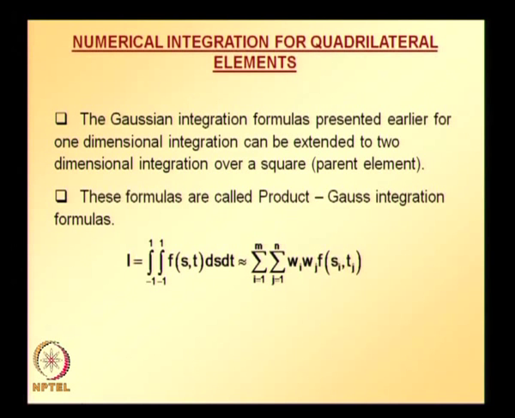So, at each point of this grid we need to evaluate this function and multiply with the corresponding weight, wi times wj, and sum it up, and we get an approximation of the integral I.